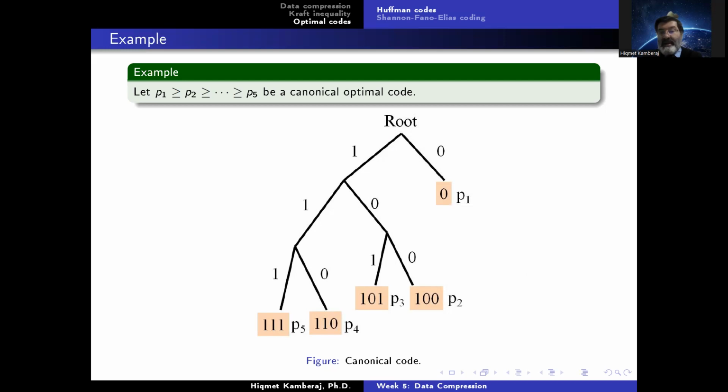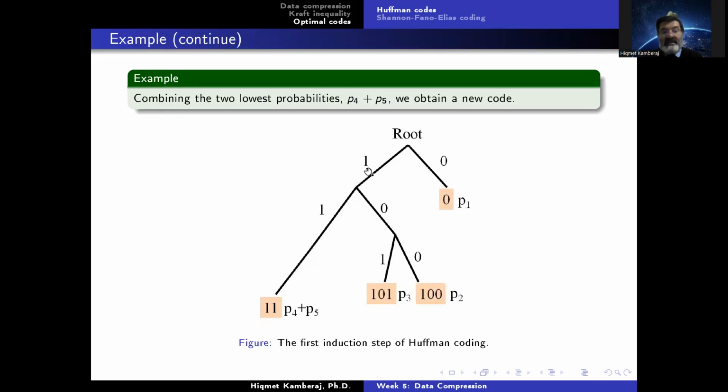Now you can construct an optimal Huffman code from this one. As we said, we sum up the two lowest probabilities, p_4 plus p_5. Then p_1, p_2 and p_3 remain the same.